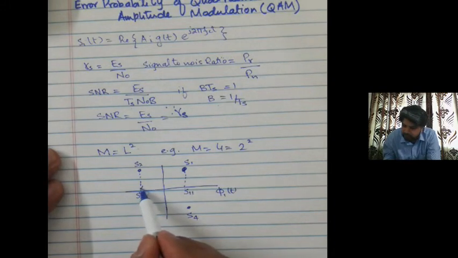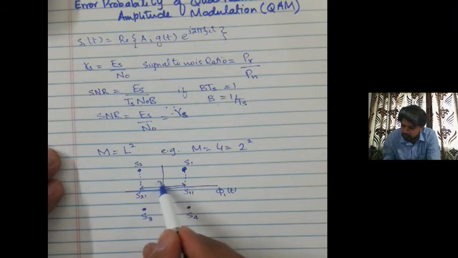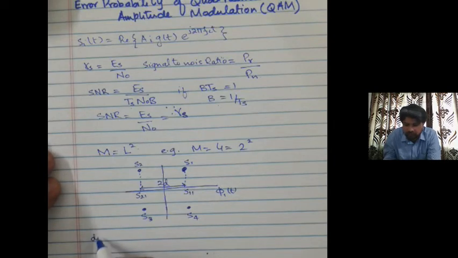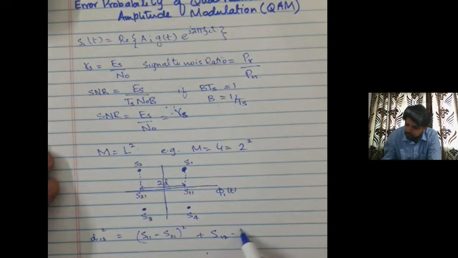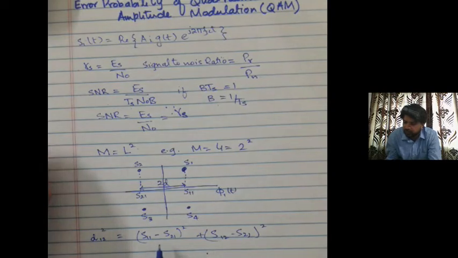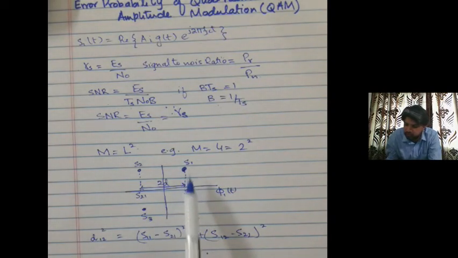The distance between these two constellation points, you can see, is the distance between these projections in this particular case. So if I want to compute D12, or the square of that, that would be equal to (S11 minus S21) whole squared plus (S12 minus S22) whole squared. In other words, the projection of the constellation point S1 onto the basis function phi1 would be S11, and the projection of S2 onto phi1 would be S21.